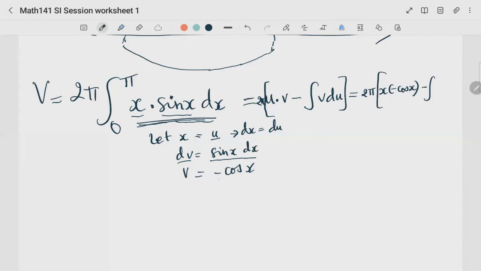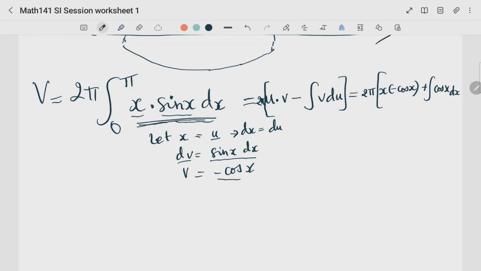Since v is negative cos and you have a negative there, you can just cancel that to be positive, and then we have the integral of cos x dx.